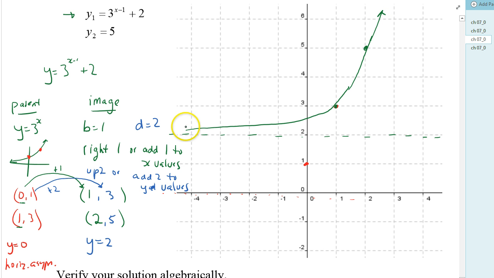Okay, like that. So that is my first line, y is equal to 3 to the power of x minus 1 plus 2.